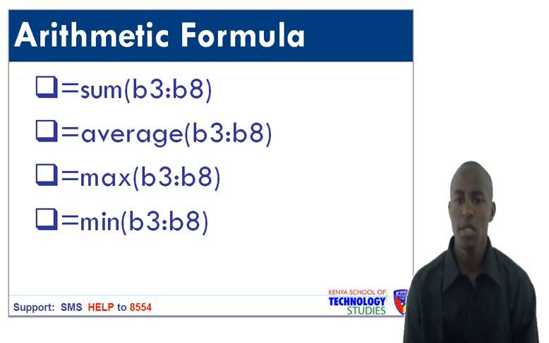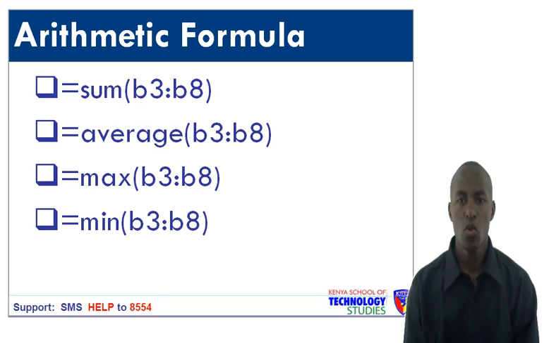In case you want to calculate average, start again with equal sign, type the word average in full, then open the bracket and then type the ranges and close the bracket and press enter. In case you want to calculate maximum, type equal sign, then max, then open the bracket, type the range of cells, and then you close the bracket.